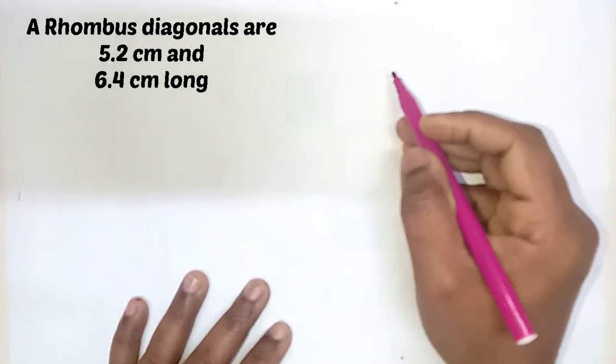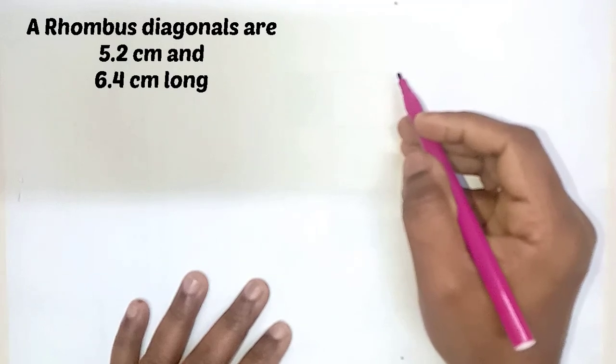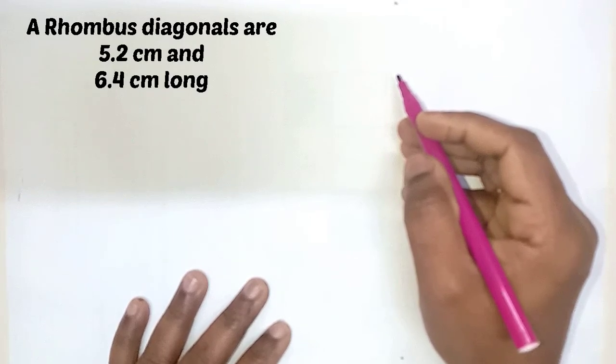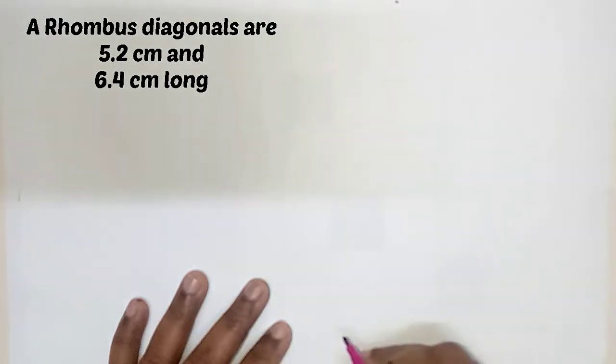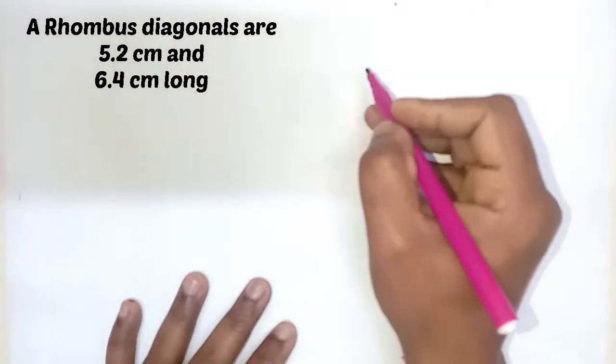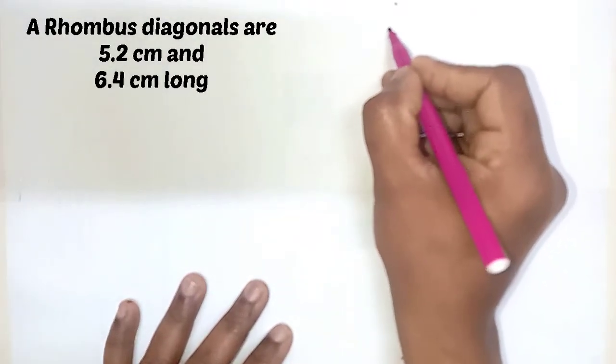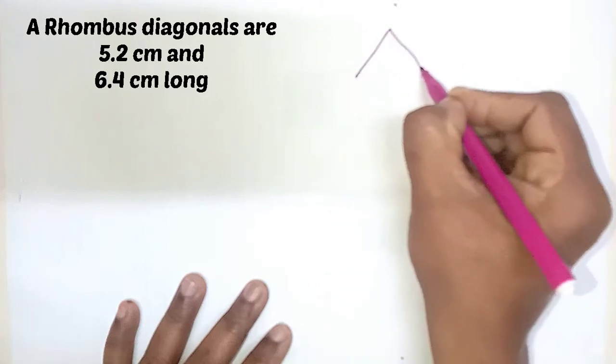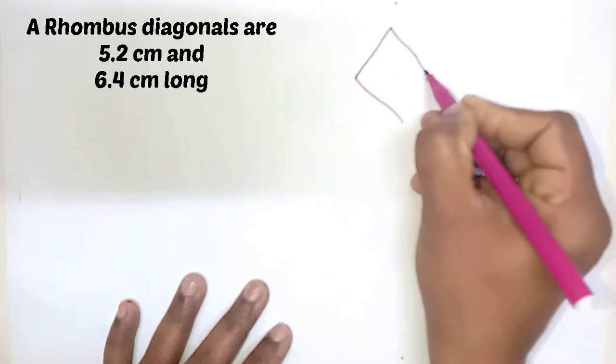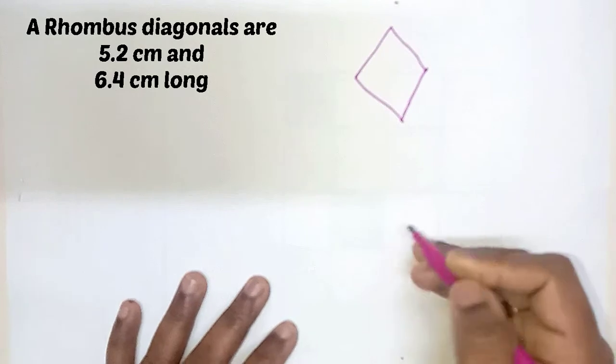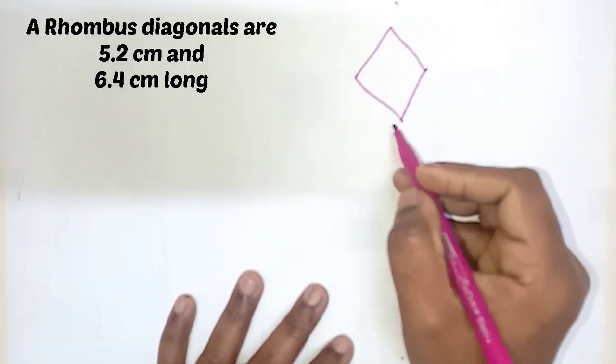First you have to draw the rough sketch. A rhombus whose diagonals are 5.2 centimeter and 6.4 centimeter long. In a rhombus, all sides are equal in length and diagonals are perpendicular bisectors of one another.